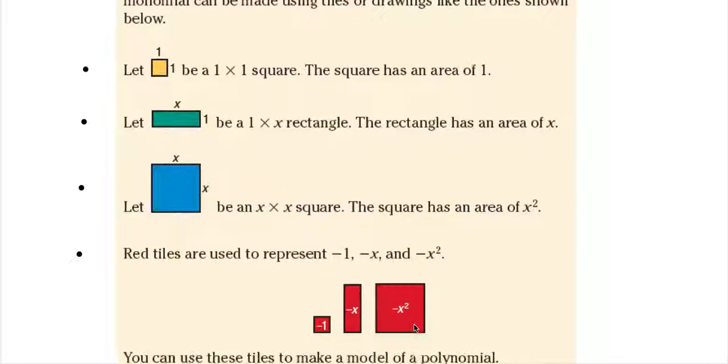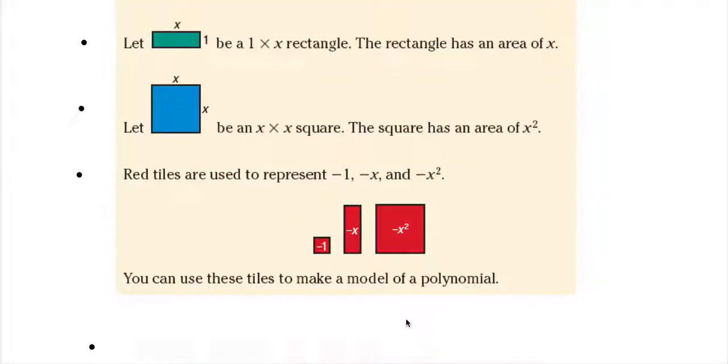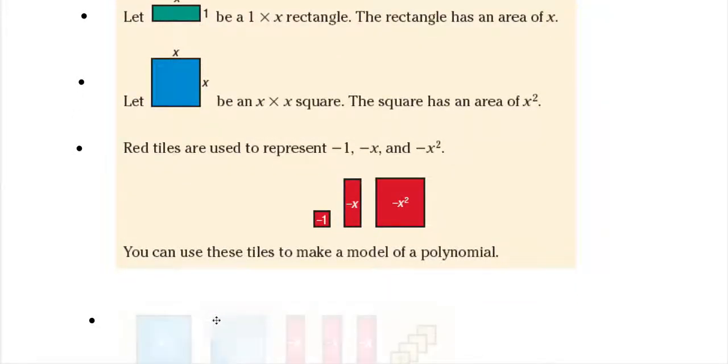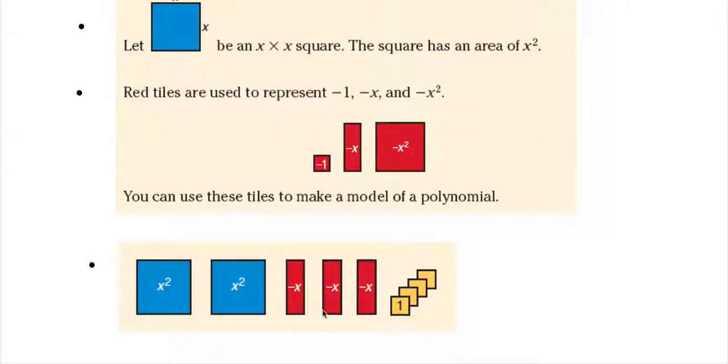Now, how do we use these models? Let's use these tiles to model a polynomial. Say, for example, you have this model. If you notice, there are two x squared tiles, three negative x tiles, and four positive unit tiles.